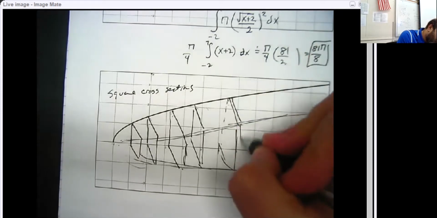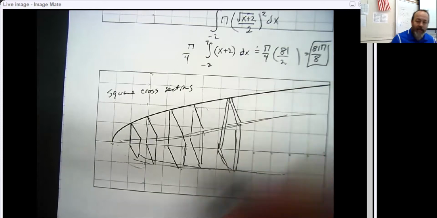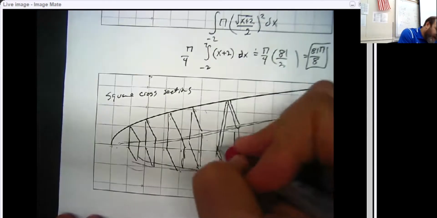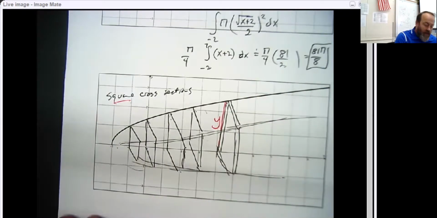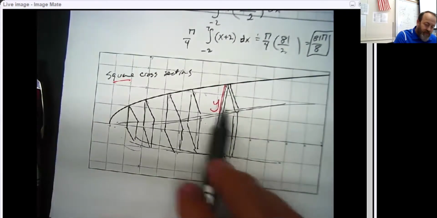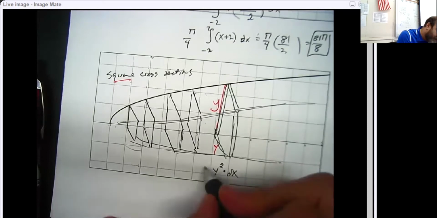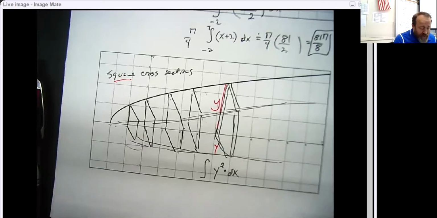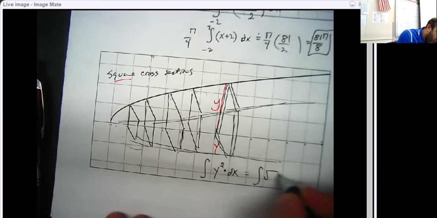Interestingly enough, if we take one of these chunks right here and think about what that is, I know that from here to here is y, and I said it was a square. So this is also y. That means the volume of this little piece is y times the thickness, which is dx. Well, that's pretty nice because we knew that y was the square root of x plus 2, squared.